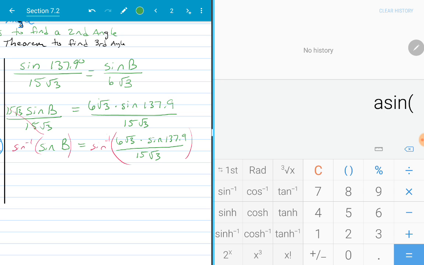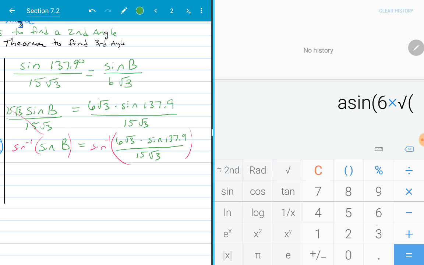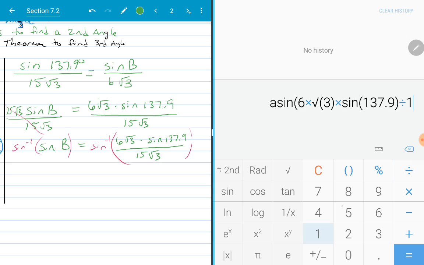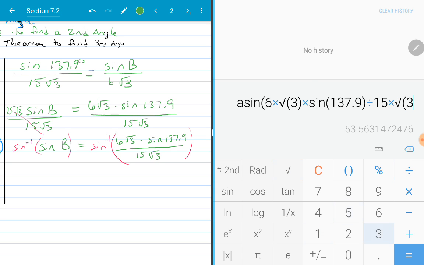So arcsine of 6 radical 3, close the radical, times sine of 137.9, close the sine, all divided by 15 radical 3, close the radical, then close the arcsine.